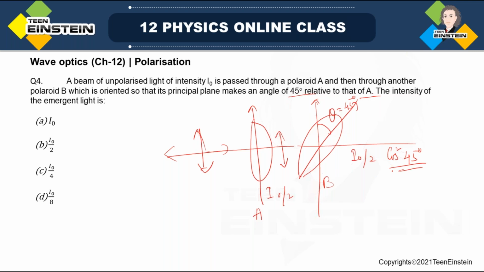Cos square 45 degrees is 1 by root 2 whole square, so it will be I0 by 4. This will be the intensity of the emergent light. I hope you have understood this also. Just apply Malus law.